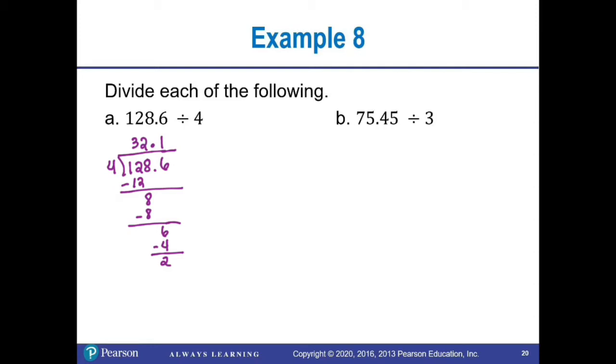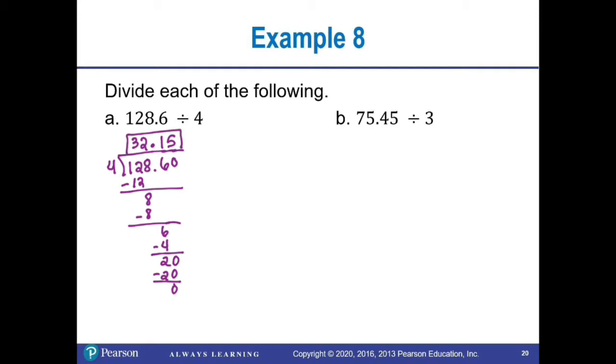Now I want to keep dividing with my decimals until I get a remainder of 0, or sometimes you'll notice your decimals start repeating. We can write a 0 after our decimal point, and this doesn't change the value of our number. Bring down your 0. 4 goes into 20 5 times with none left. And so our answer is 32.15.